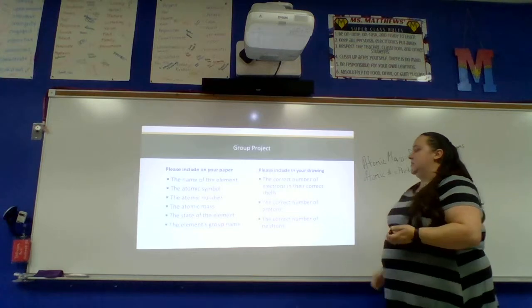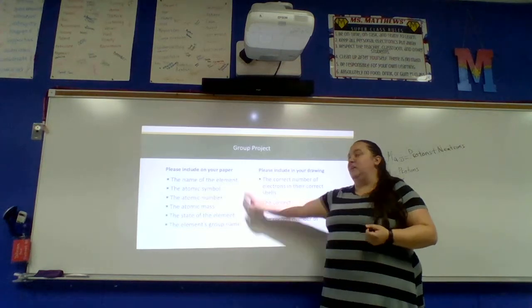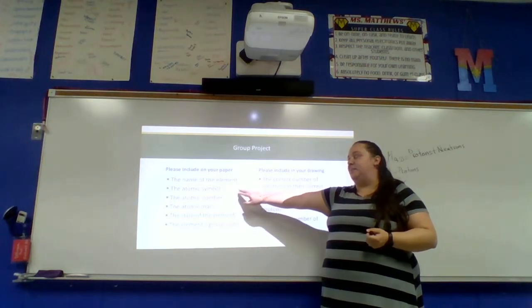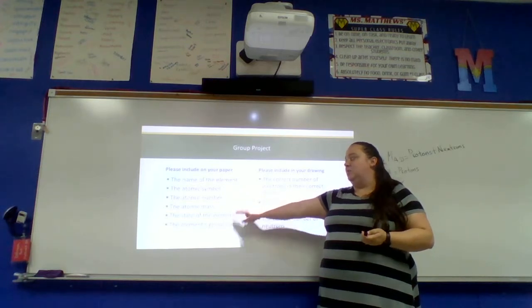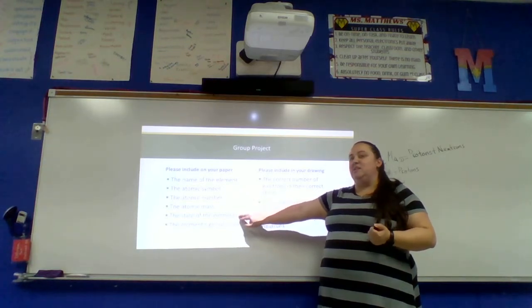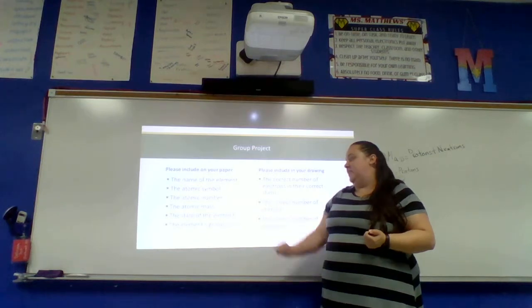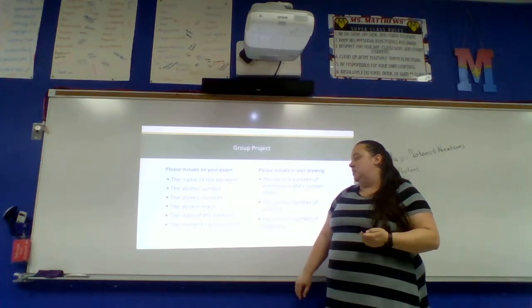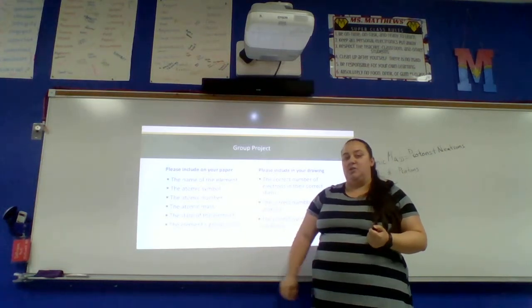You also need to include the element name, the atomic symbol, the atomic number, the atomic mass, and the state that the element is found in nature, as well as the group that that element belongs to.